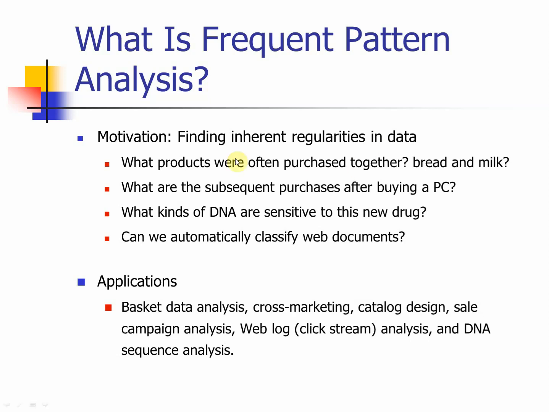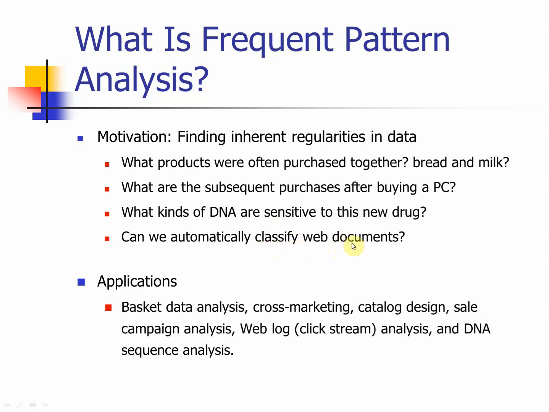Other examples are what kind of subsequent purchases happen after buying a PC. After you buy a computer, maybe software, maybe keyboards, maybe a specific mouse will go along with the PC that you purchased. In terms of bioinformatics, what kind of DNA is sensitive to these new drugs? Can we automatically classify web documents?